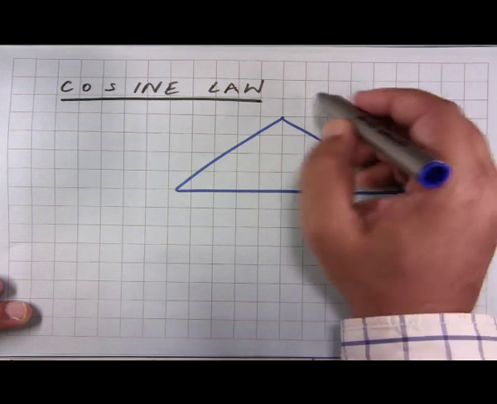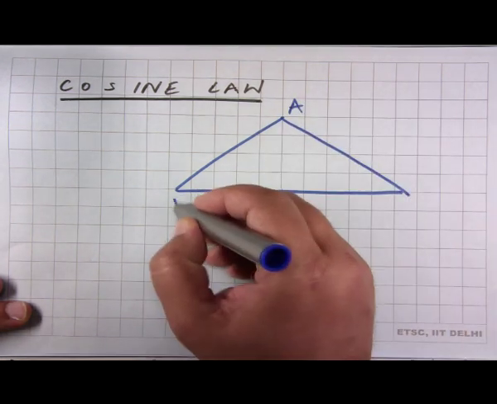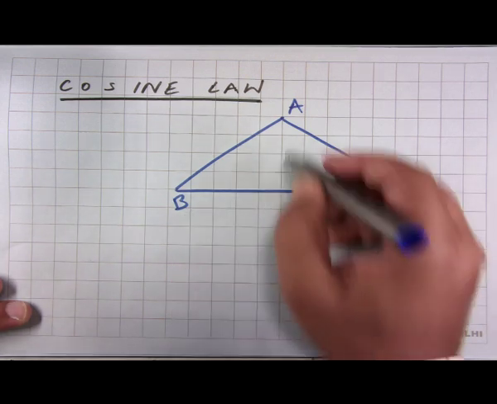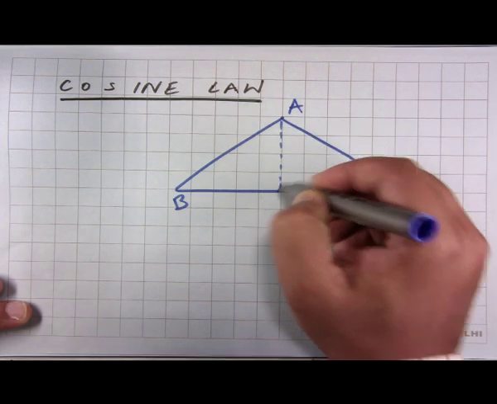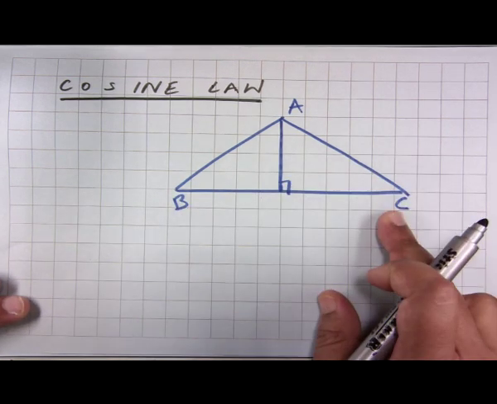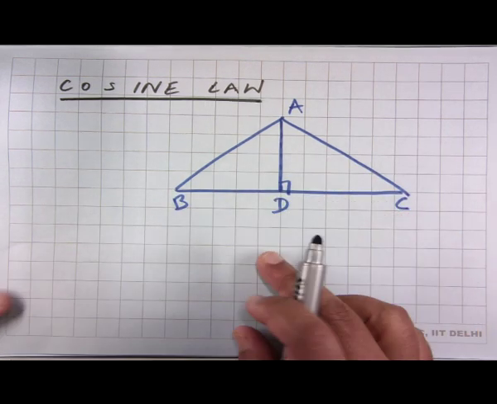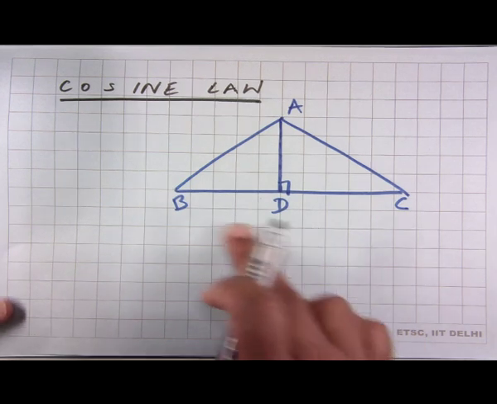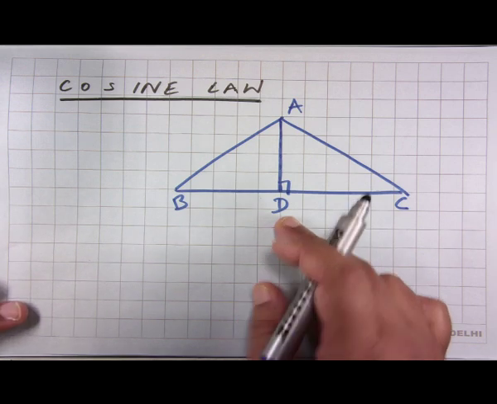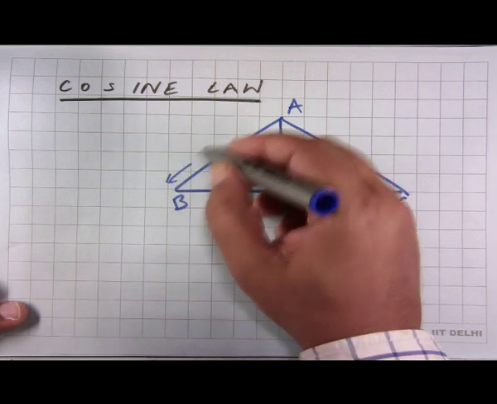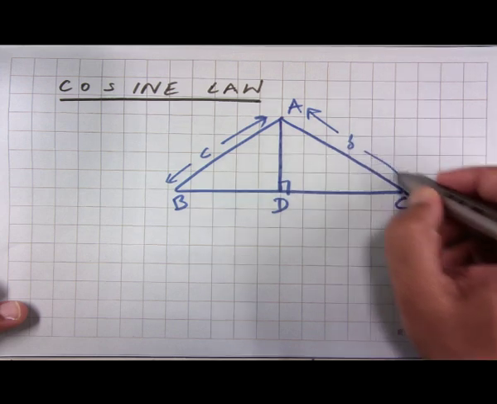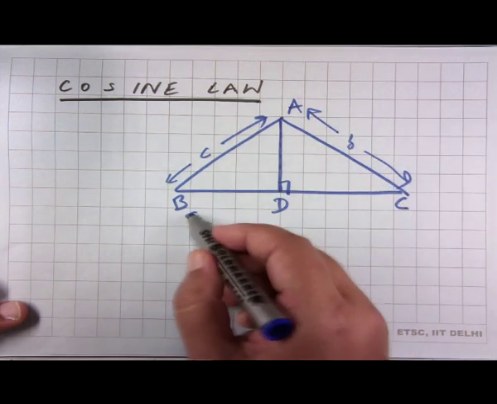We again have the triangle ABC, and then we have a perpendicular from the vertex A to the side BC, and the perpendicular meets the side BC at the point D. Then this of course is C, this side is B, and the length of this side is A.